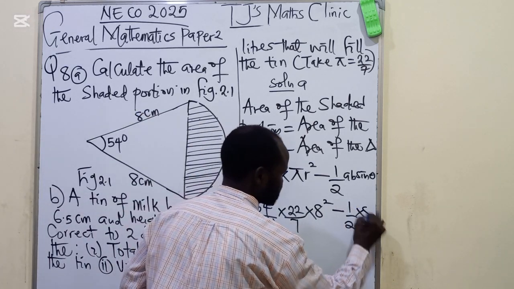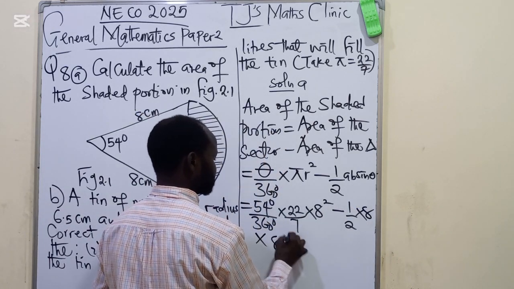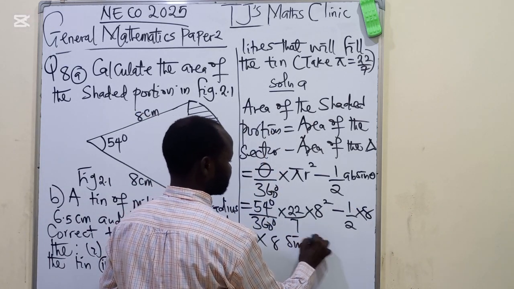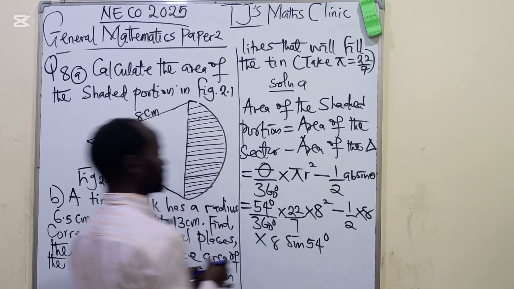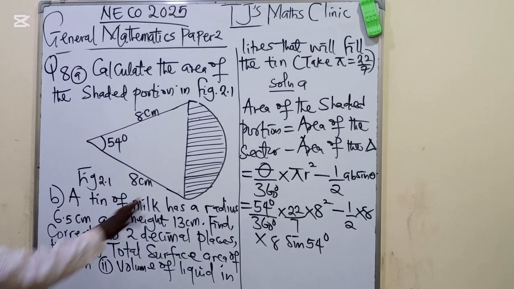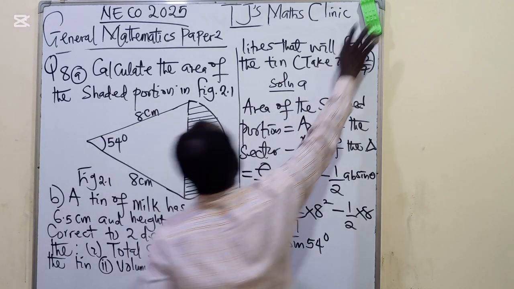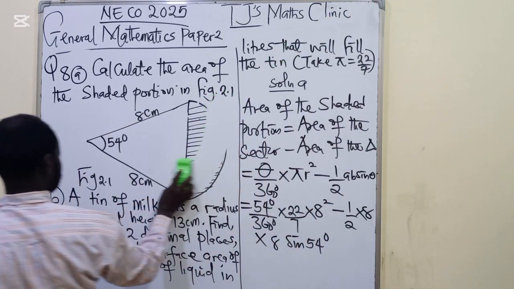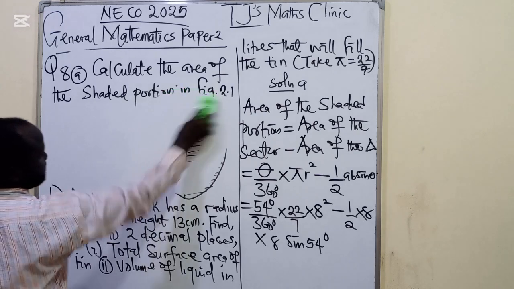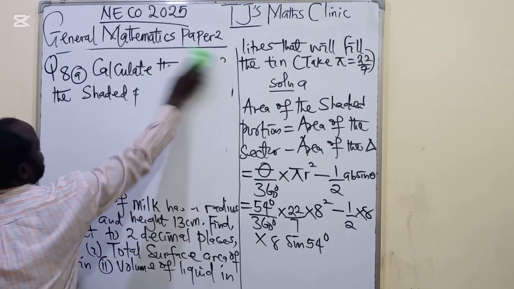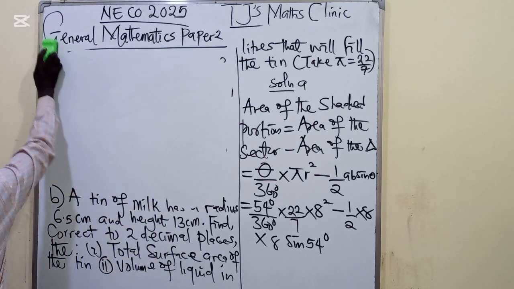So it will be 8 multiplied by 8, then sine 54 degrees. Very important. So whatever solution we have here will be the area of the shaded portion. Very simple. So permit me to clean this 8A so that we can find the area of the shaded portion.